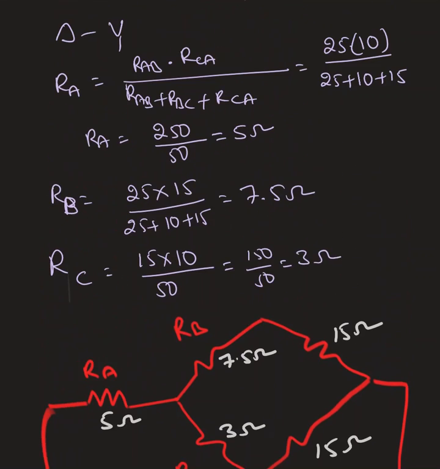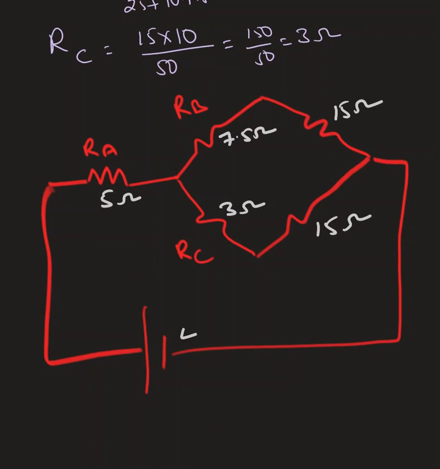Now after transforming the circuit, look at the circuit. Now this RB and this 15 ohms, they are in series. How do you know they are in series? As long as the same current passes through them, they are in series. Whatever current comes here, the same current is going to pass through RB and the top 15 ohms.